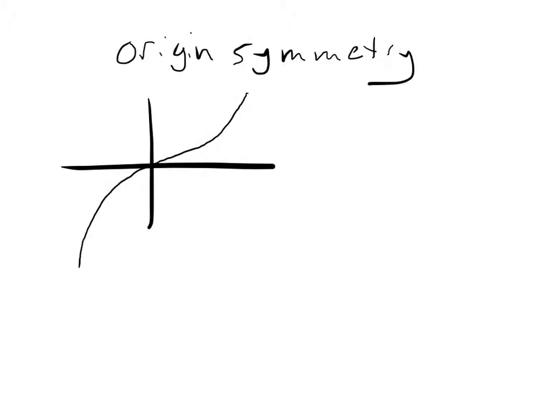For symmetry about the origin, which is a type of point symmetry, since the origin is a specific point, we have the following. If we have a point (x, y) on the graph, assuming x and y are both positive values in the first quadrant, what point will we also have in the graph?